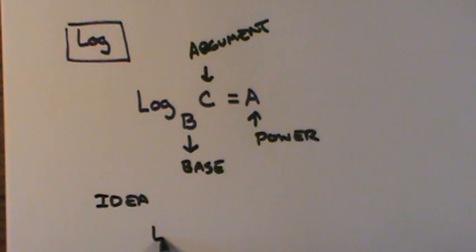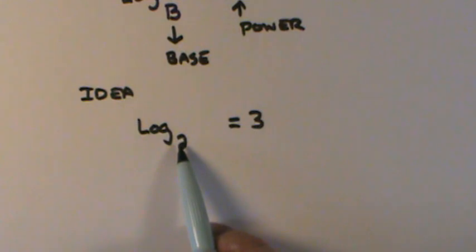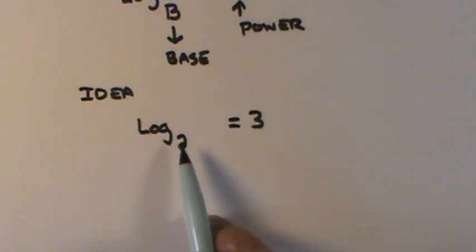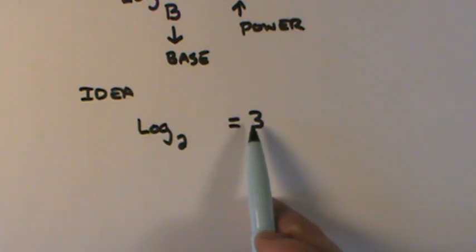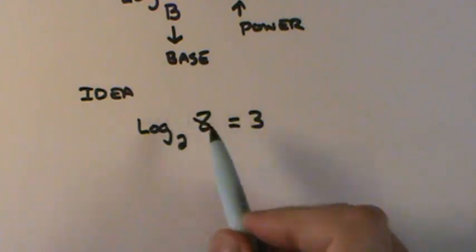I could say a log base 2 of 3 is what? So when you look at this, you go log 2, 3, what? You're kind of going in this circular motion. 2 raised to the third would be, and that's what goes here, 8.